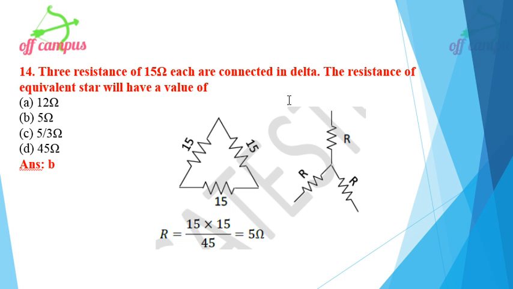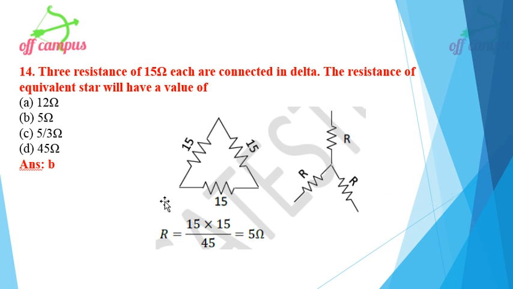Whenever converting delta to star with equal resistances, it is nothing but R by 3. So R value divided by 3. Again vice versa, whenever converting star to delta, when equal resistances are given, we can convert easily into 3 into R.